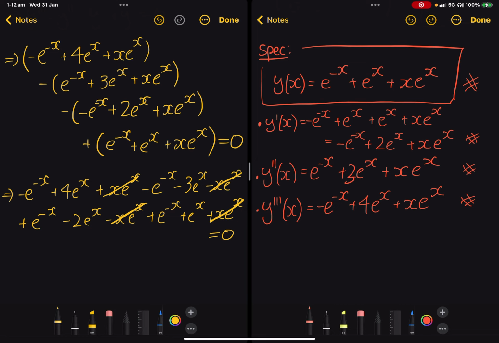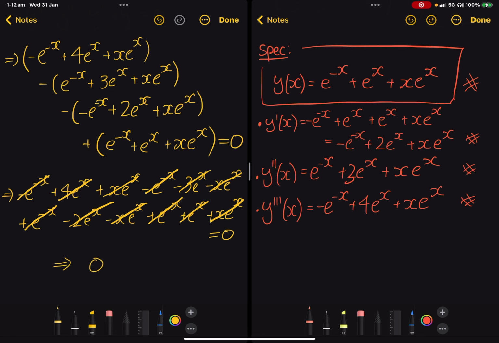We have a minus e to the minus x and a plus e to the minus x, and another minus e to the minus x and a plus e to the minus x. We've got 4e to the x minus 3e to the x, that's 1e to the x. Minus 2e to the x, that's minus 1e to the x, plus 1e to the x, that's 0. So these all cancel each other out.